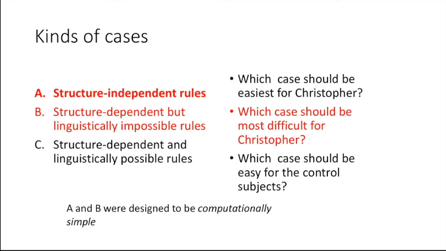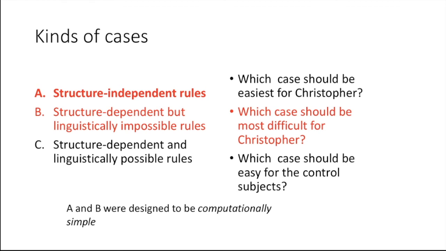Now, which case would be most difficult for Christopher? Well, presumably both A and B, especially A, since structure-independent rules are not covered by his linguistic module, which is what would give him an advantage. And again, structure-dependent but linguistically impossible rules would be more in the neighborhood, but still wouldn't be covered by his linguistic module.